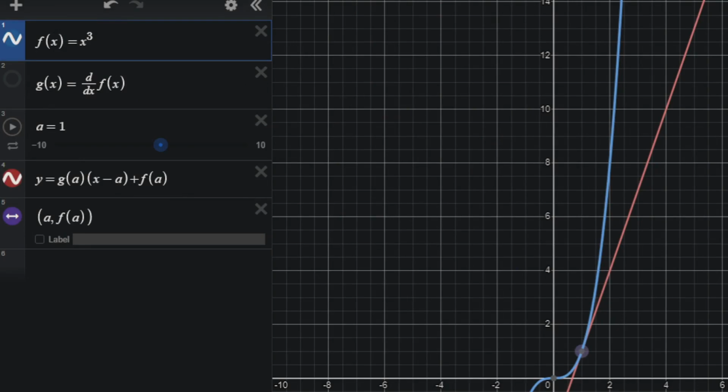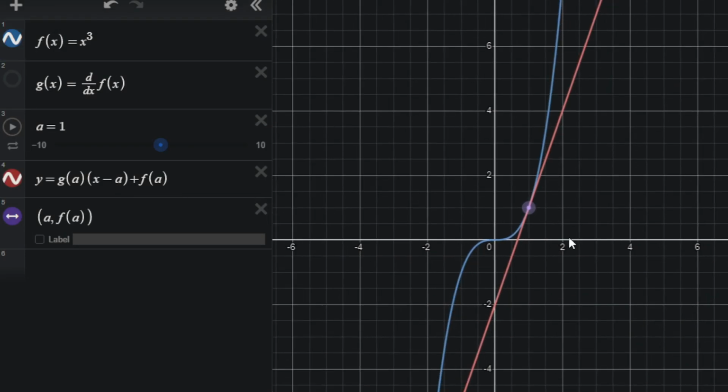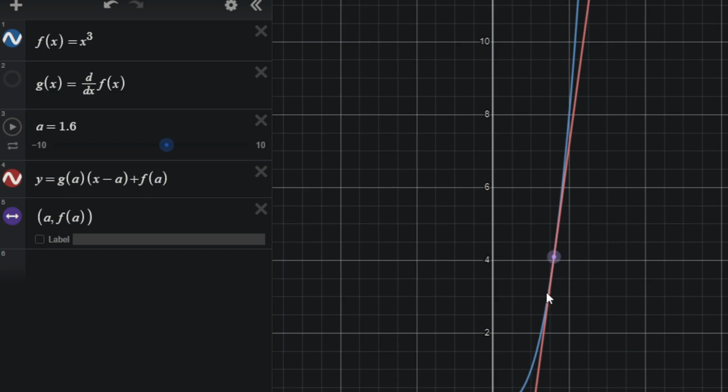So if we look back at this one, I brought this tangent slider onto this x cubed graph again, so we can see that to the right of 0, no matter where we move it, it gets kind of hard to see, but the line is still falling below the graph, right?